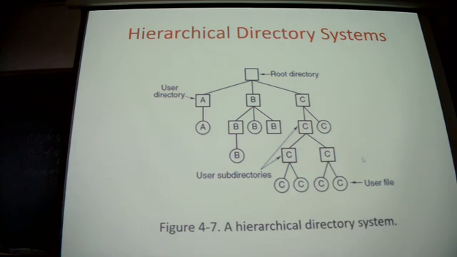So if we want to find a file, we must know the path. For example, from the root, along this path, we can arrive at the destination. We can get this file.